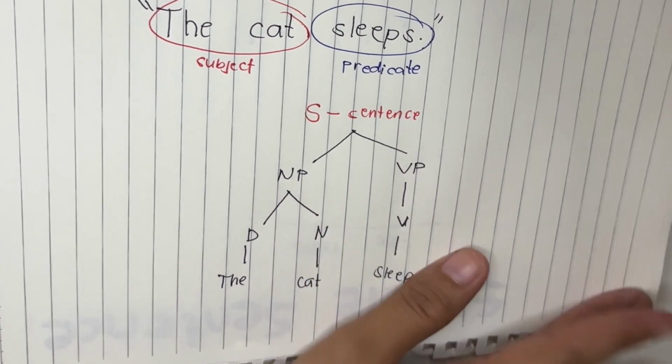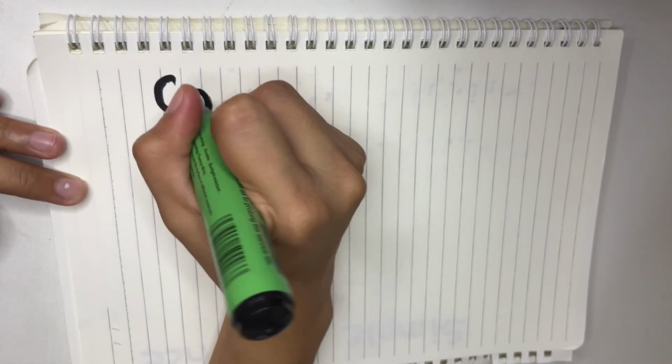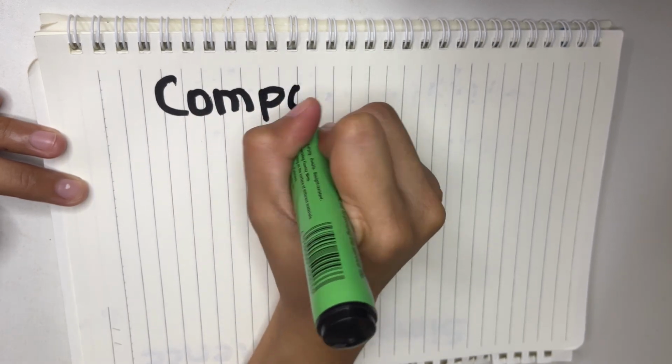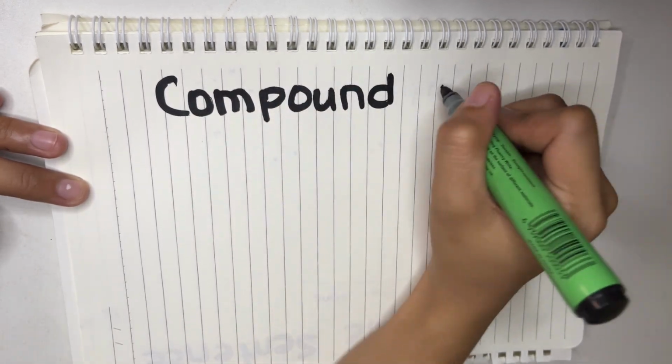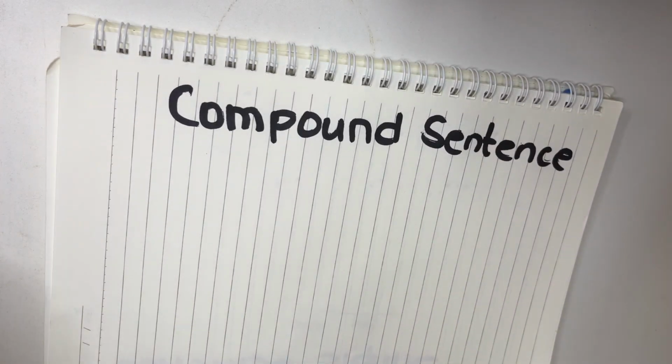So let's proceed to compound sentence. A compound sentence has two or more independent clauses joined by a coordinating conjunction like and, but, or or.